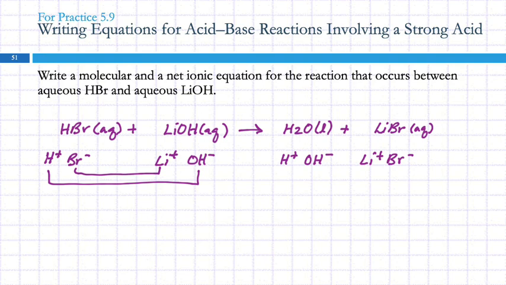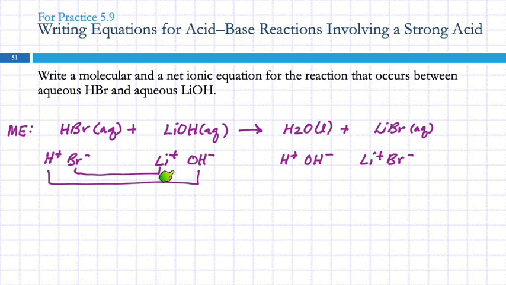So that's my molecular equation. It's not telling us that we have to write the complete ionic equation, so you don't necessarily have to write that out. You have to, though, be able to see it in your mind, if nothing else.